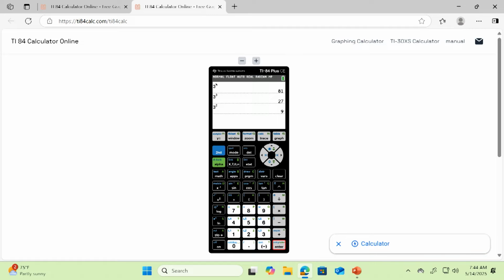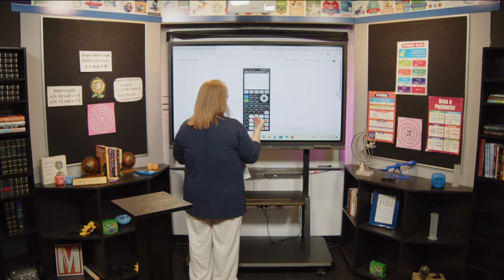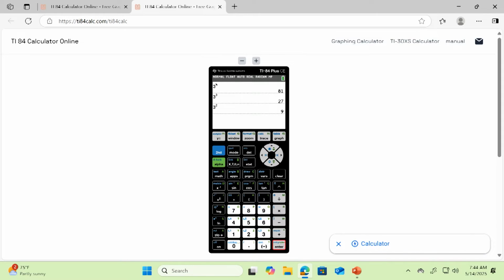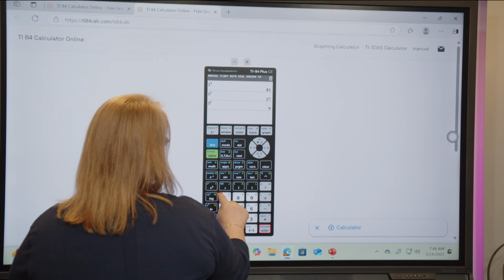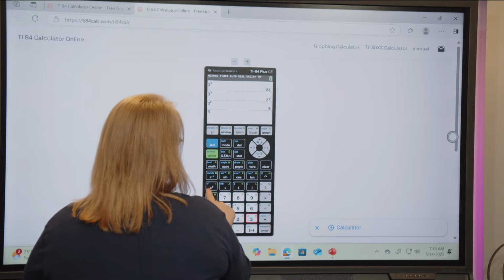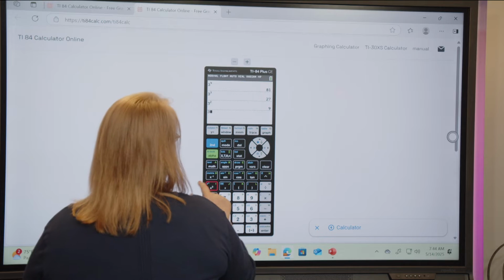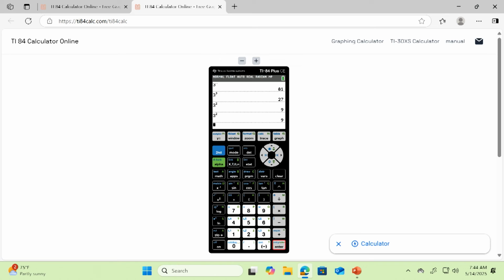Now, when I square something, which is the same thing as to the second exponent or to the second power, we also have a squared button over here right beside the 7 button. So I could put my 3 button and this x squared button, diagonal to the 7, and it does the same exact thing.